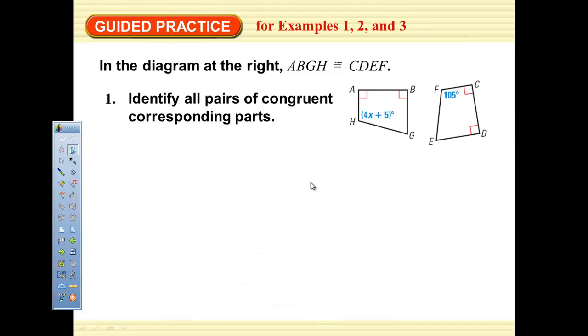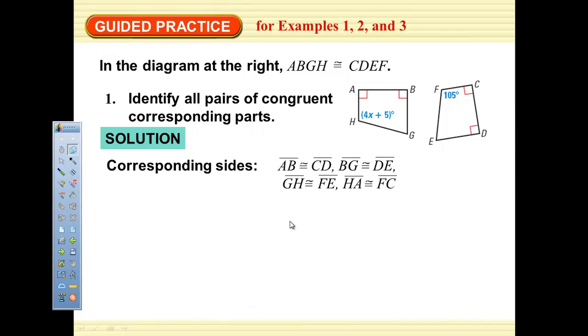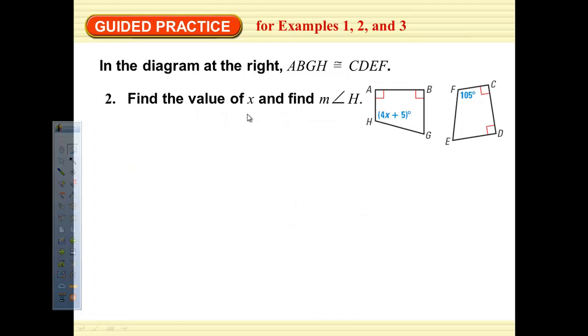Okay? So all the parts that are congruent, those are all the corresponding sides, all the corresponding angles, and then we want to find the value of x, and I want to know the measure of angle H. I didn't do that, but hopefully you can see that since H and F are equal to each other, you don't even really need to plug it in, but the answer should be 105.